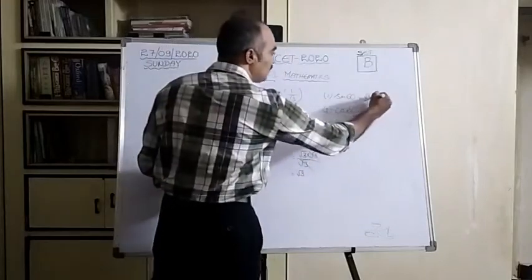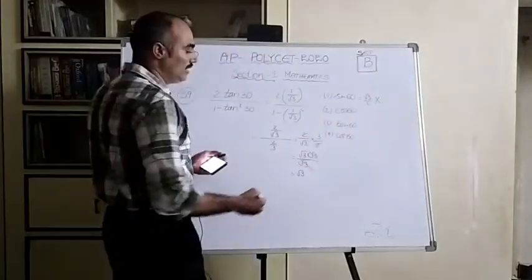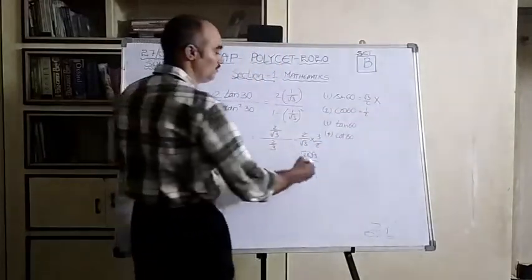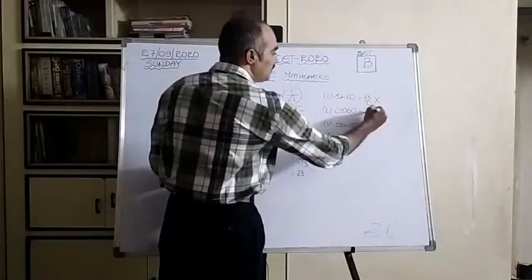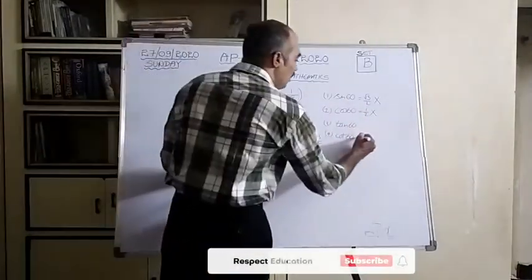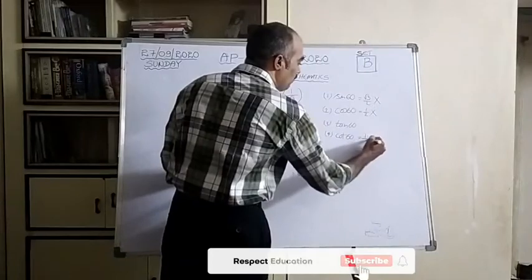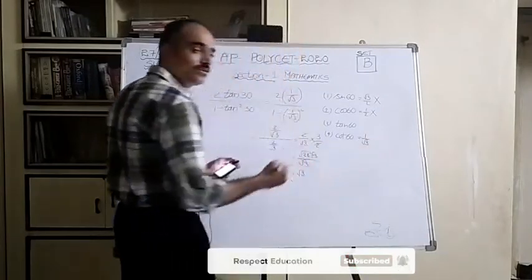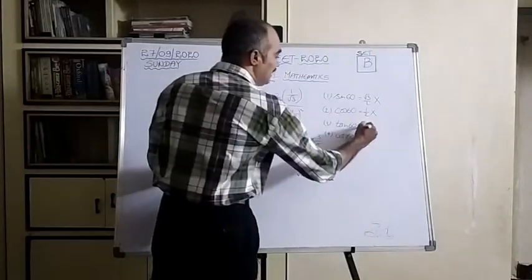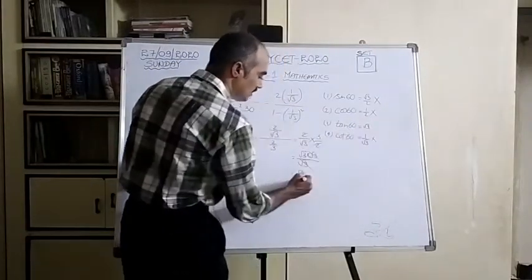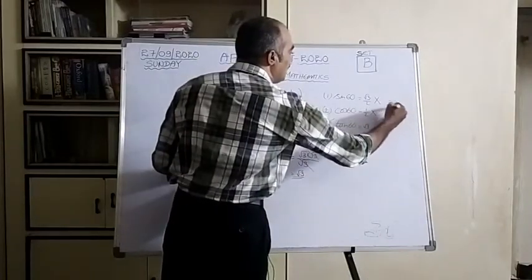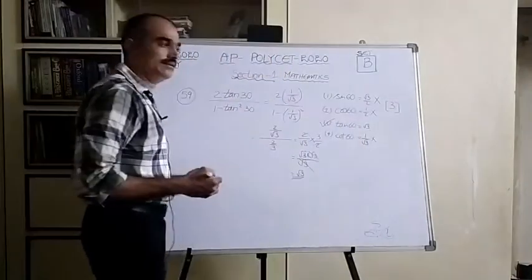Cos 60 is 1 by 2, whereas the answer is not 1 by 2, so this is not the correct option. Cot 60 is 1 by root 3, but here we want root 3, so this is also not the right option. Therefore tan 60 is root 3, and here the answer is root 3. Therefore option 3 is the right option for question 59.